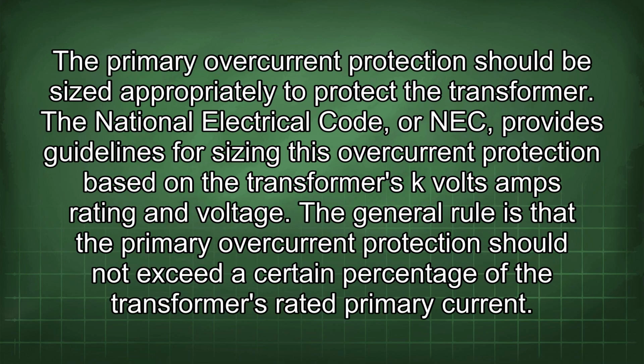The primary overcurrent protection should be sized appropriately to protect the transformer. The National Electrical Code, or NEC, provides guidelines for sizing this overcurrent protection based on the transformer's kVA rating and voltage. The general rule is that the primary overcurrent protection should not exceed a certain percentage of the transformer's rated primary current.